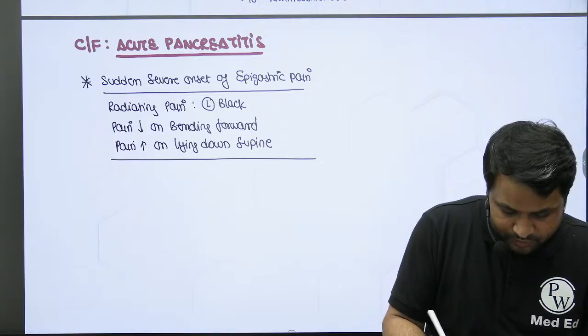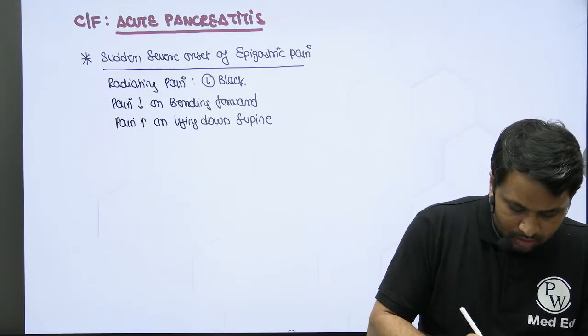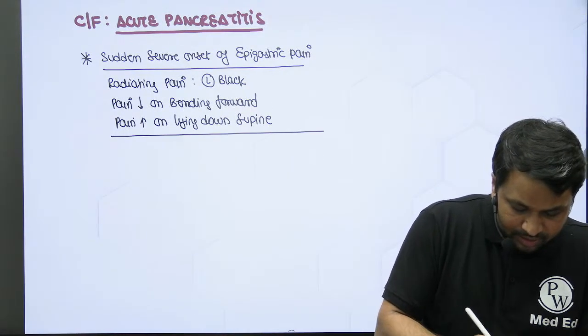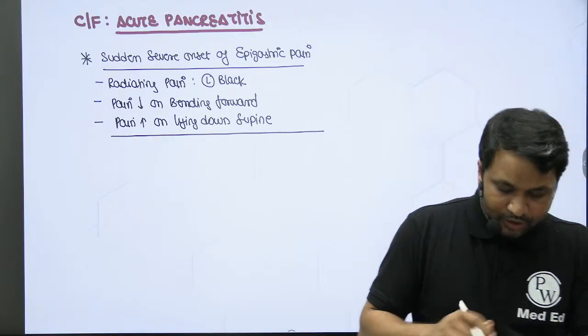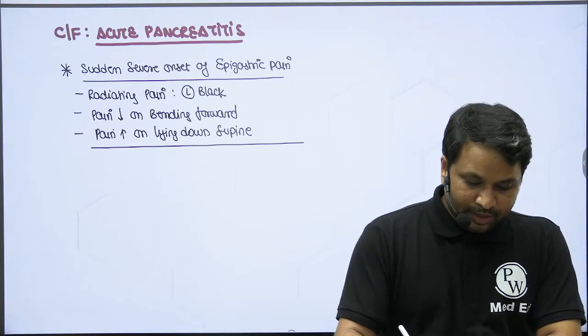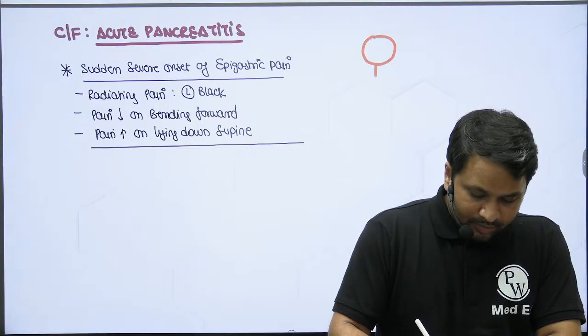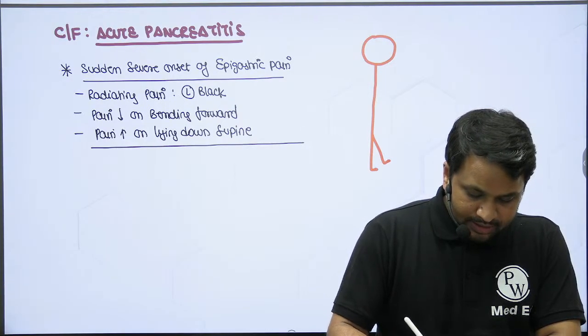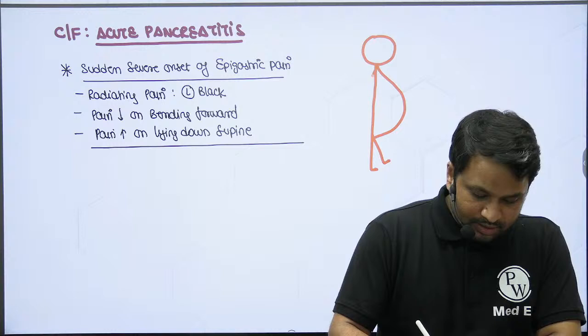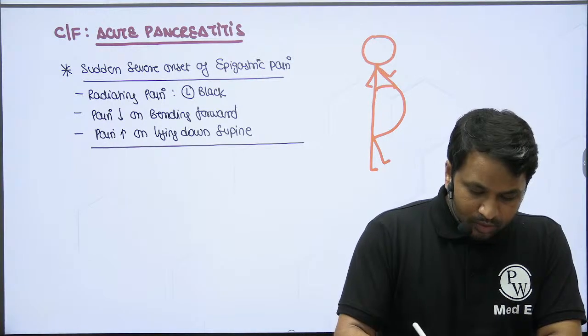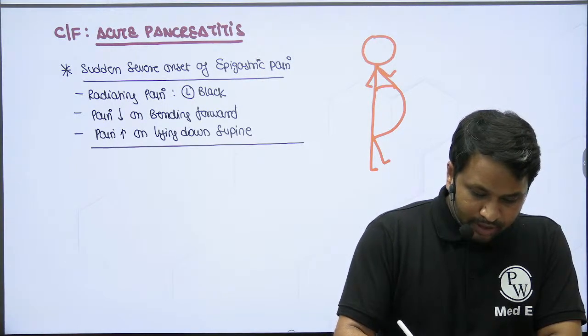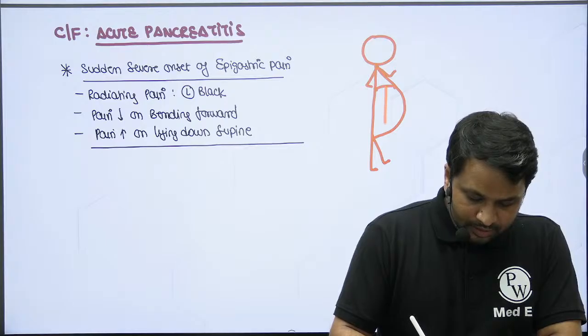Just in case if you don't, I'll give you a quick component of why the pain is going to be variable in these patients. Now what happens is, if you have seen a patient, let's say this is the patient who's going to come. Okay? Now if you take this as a representation of the patient, and let's say this is the abdomen that is present. Okay? Now this is going to be a peritoneal surface which is present here.